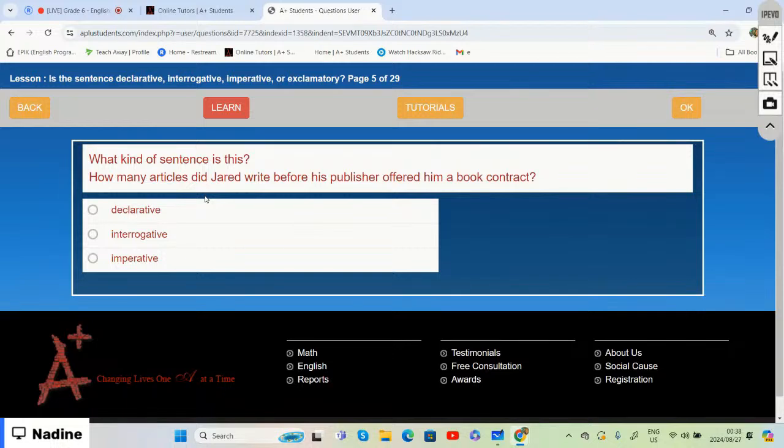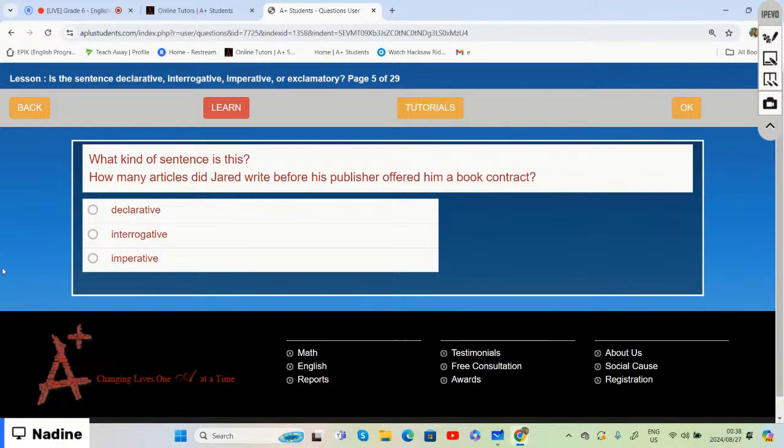All right, the next one says, how many articles did Jared write before his publisher offered him a book contract? And it ends with a question mark. Is it option one, a declarative sentence? Option two, an interrogative sentence?